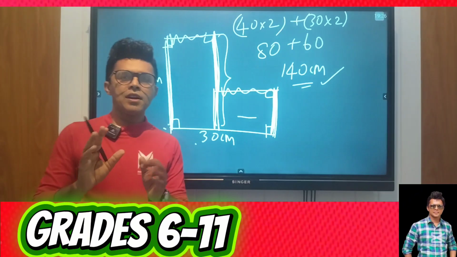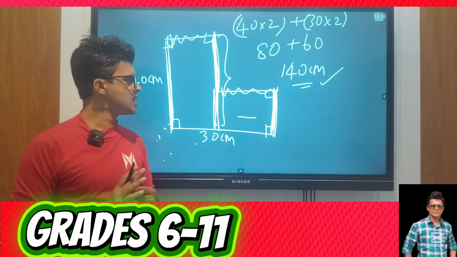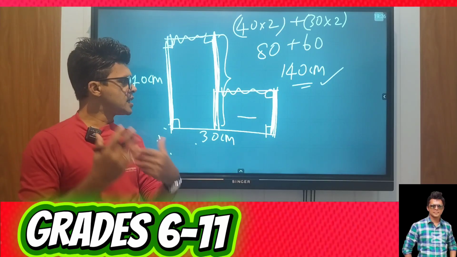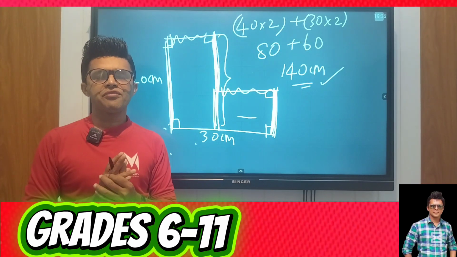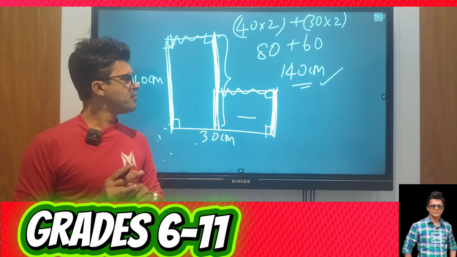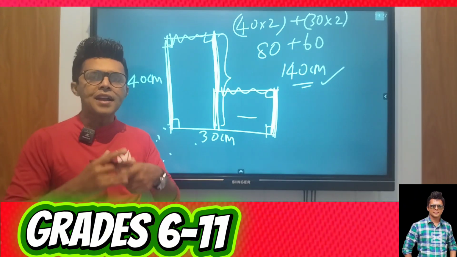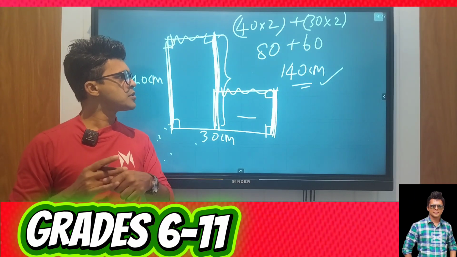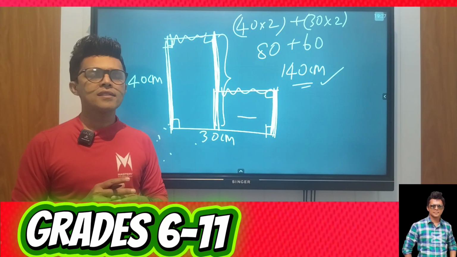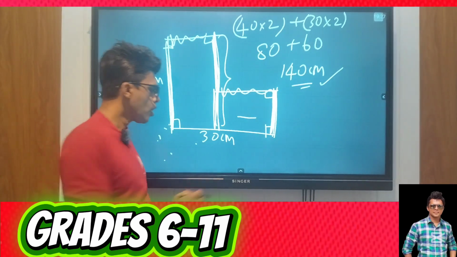So when you are given this type of question, there is no need of knowing this value and this value. You should have the ability of thinking and getting the perimeter of this type of plane figure, by adding the given value times 2 plus the other, and afterwards adding these values.